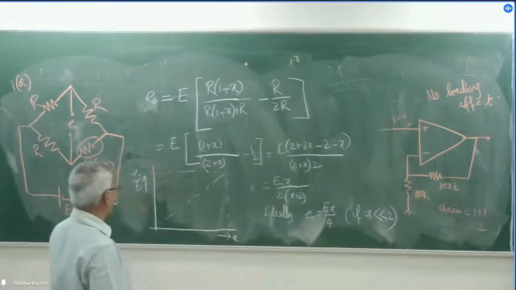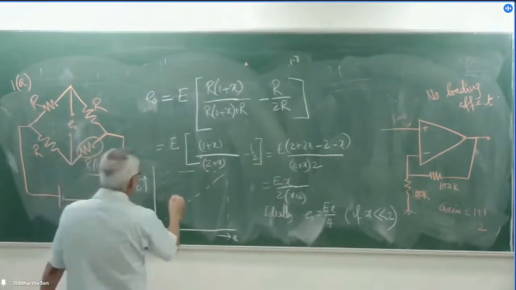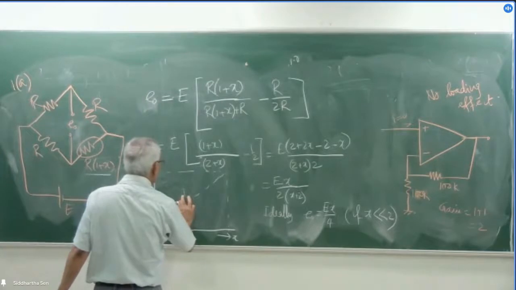Very small, suppose 0.1, and like this, it will achieve a linear characteristic.